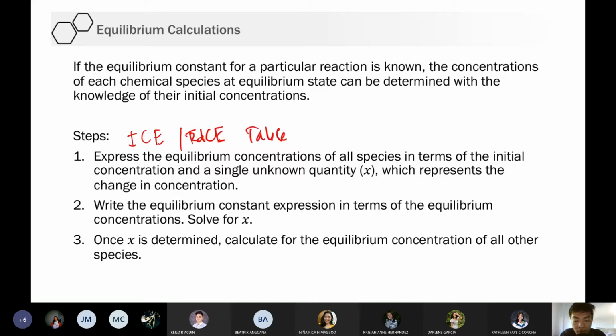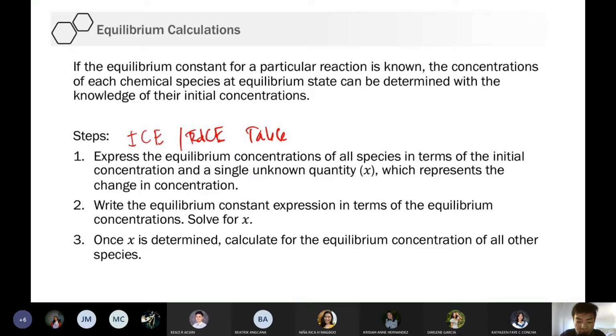The ICE and the RICE table allow us to track the changes in the concentration of our chemical species as it achieves equilibrium. This is a table where we can see what's going on with the equilibrium system. Are the products increasing or are the reactants increasing? We can see that with our ICE table.